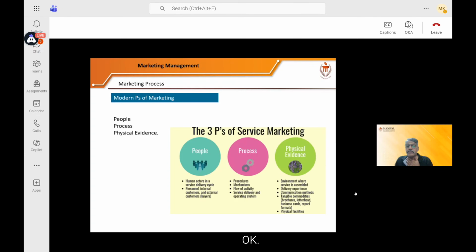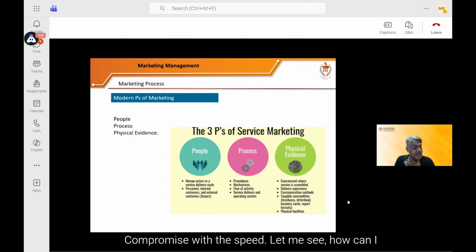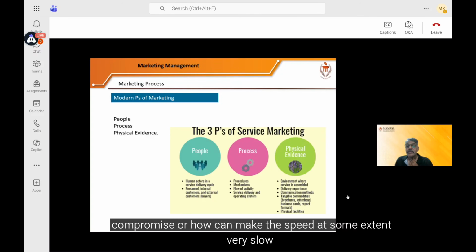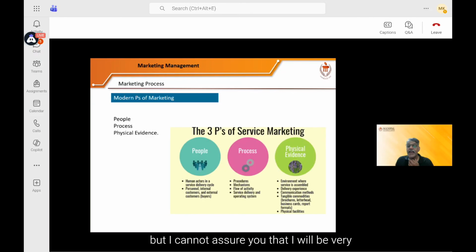Okay. Let me see how I can compromise on the speed to some extent, but I cannot assure you that I will be very slow because ultimately we need to cover many things, right? Okay.